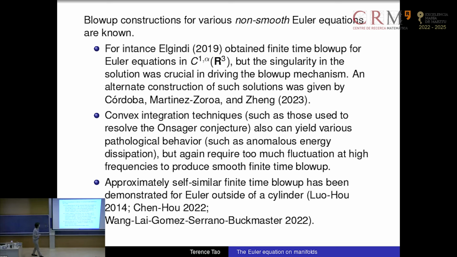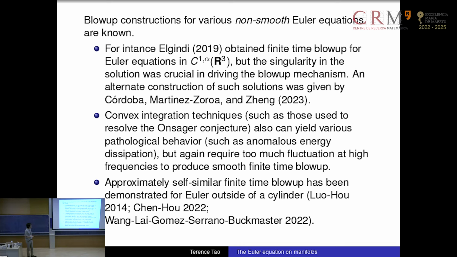There's also progress on convex integration techniques to construct weak solutions to the Euler equations and all kinds of bad things, such as failure of energy conservation. You can give them some sort of regularity, but not very much. These are formed by starting with a low regularity approximate solution, and then correcting it by adding a higher frequency correction. So you get a weak solution, but not a strong one.